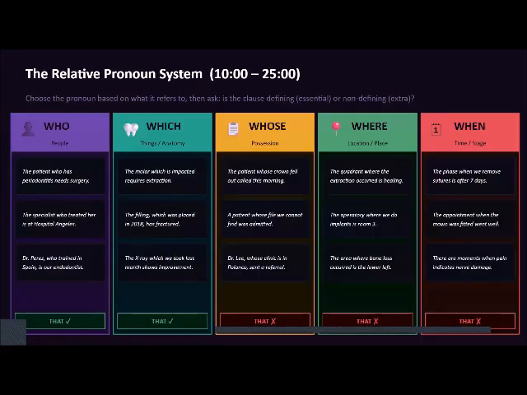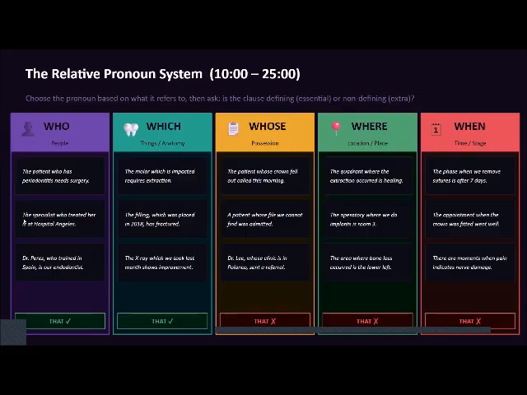Let's go through some more. So, with who, we're going to see people. Harumi, let's look at the examples for who. Can you read for us? The patient who has periodontitis needs surgery. Correct. Continue.